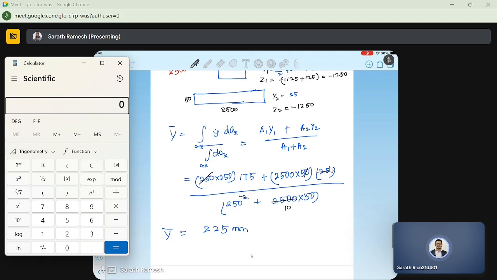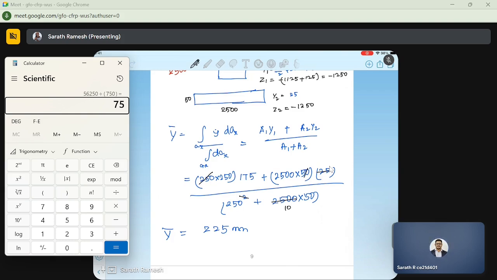So the remaining will be 250 times 175 plus 250 times 2500 times 5 divided by 250 plus 500, which is 750.